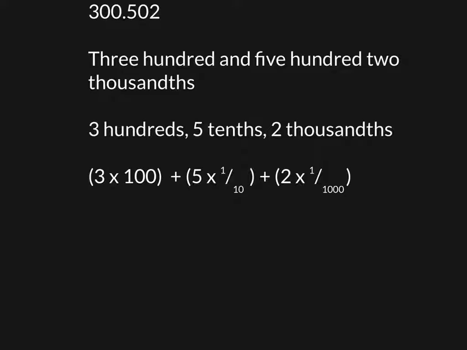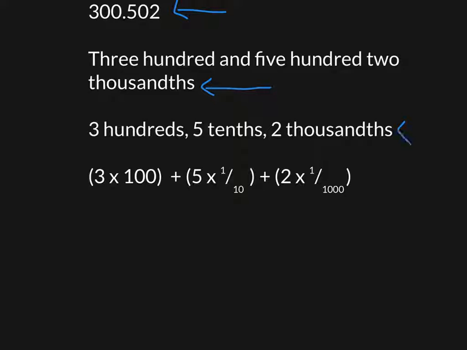Okay, here are the answers. 300 and 502 thousandths in standard form. Of course, this is the word form because it has all the words that we say. 300 and 502 thousandths.